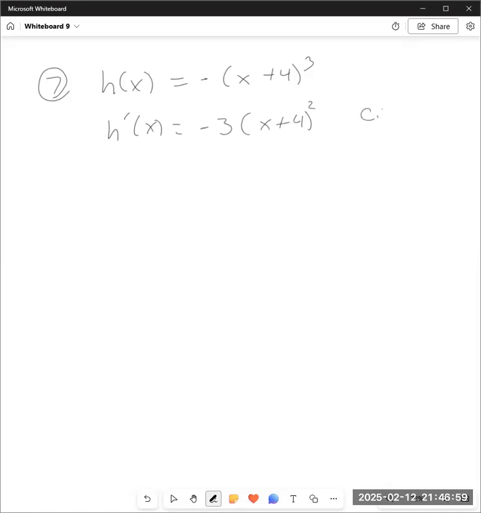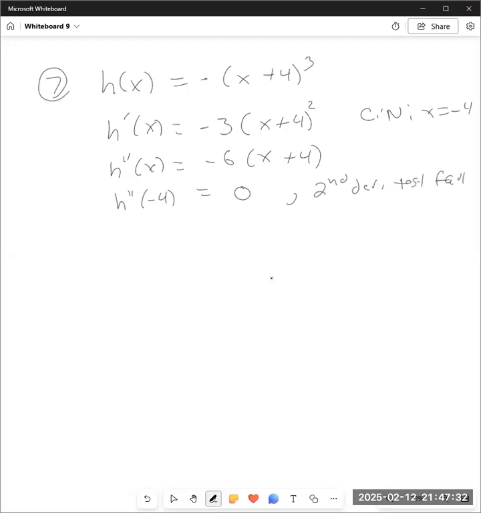And that's going to have a critical number of x equals negative 4. And my second derivative will be negative 6 (x plus 4). And I see that it also has a 0 at negative 4. So that's not going to work. If I take this and plug it in, that's 0. So the second derivative test fails.